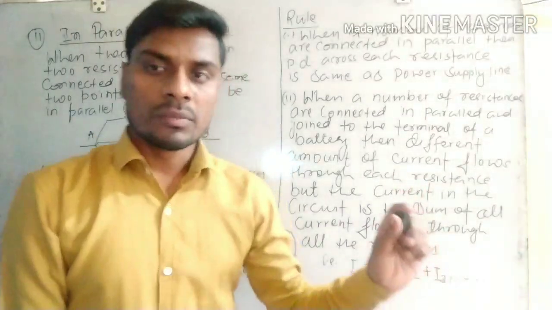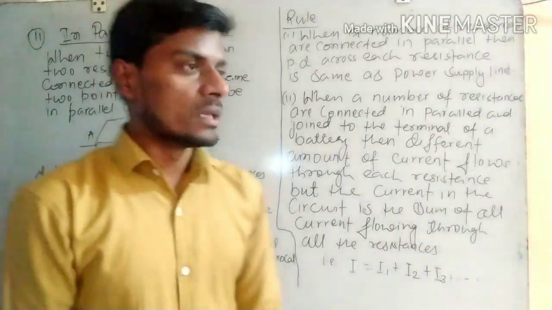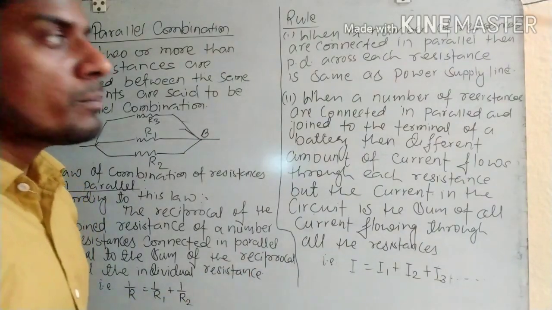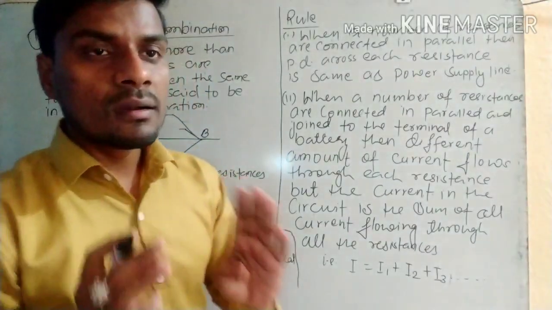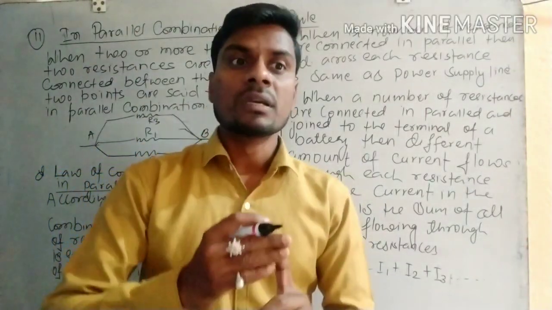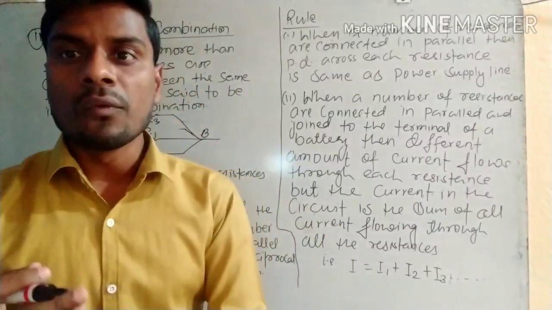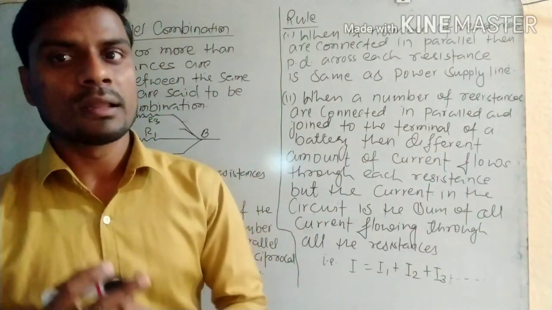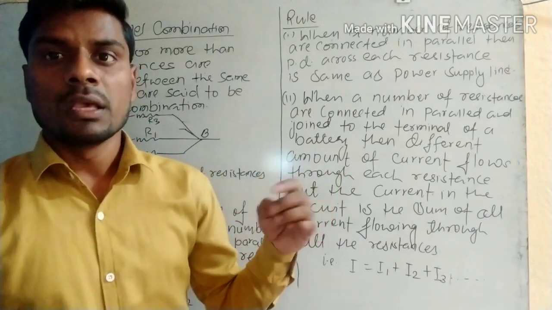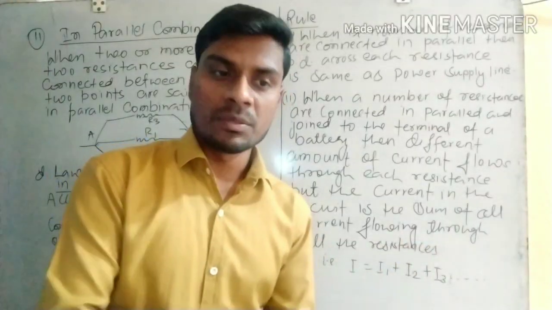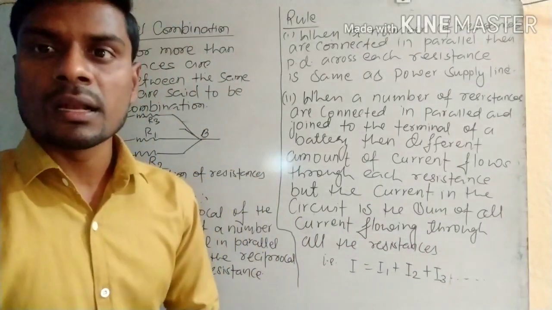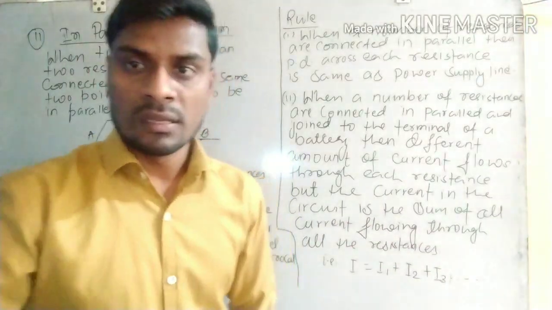The meaning of this rule is that if R1, R2 and R3 are connected in parallel, and current I flows through the circuit from the battery, then I changes into I1, I2, I3 in the parallel combination. As you have seen in series combination, potential difference changes into V1, V2 and V3; in parallel combination, electric current changes into I1, I2 and I3.